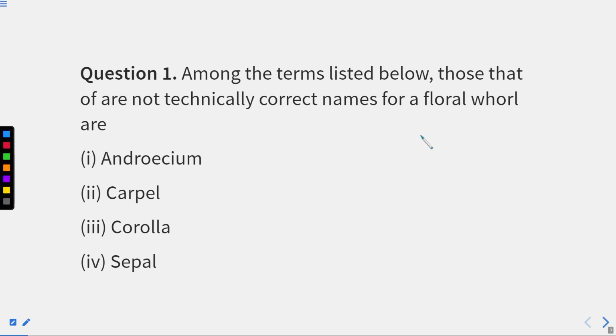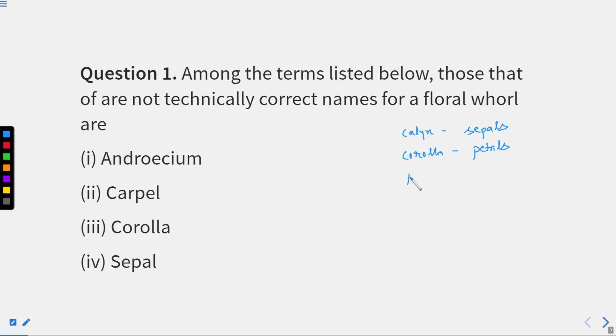Floral whorls: outermost is the calyx, which is the collection of sepals. Then we have corolla, which is the collection of petals.